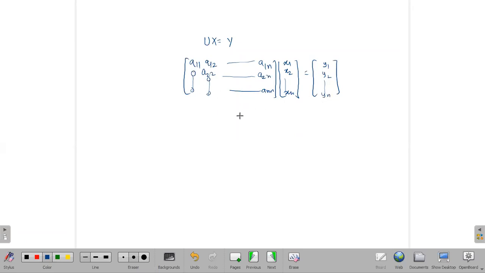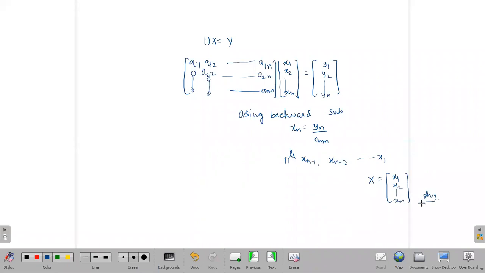From here you can use backward substitution. So here you will get xn first, means xn will be yn by ann. And similarly xn minus 1, xn minus 2, and so on up to x1.